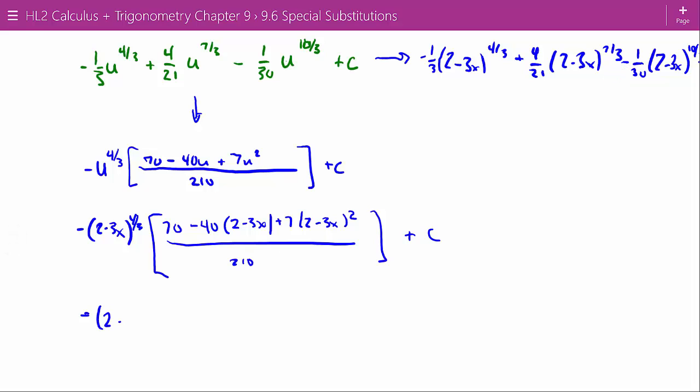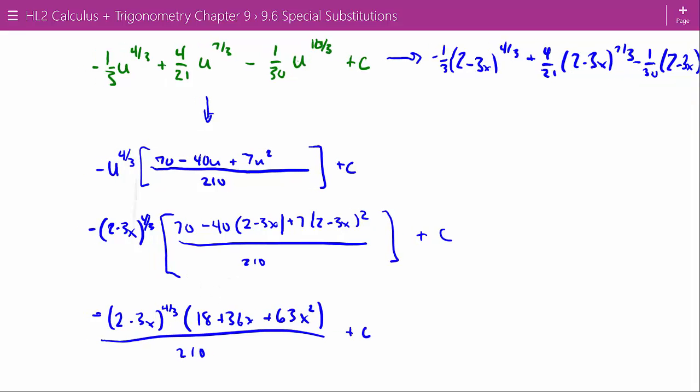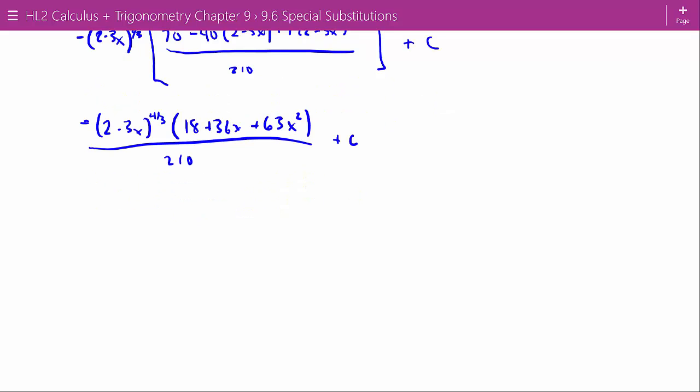We get the opposite of (2 minus 3x) to the 4/3 times (18 plus 36x plus 63x squared), and this is all over 210. And that quadratic in the parentheses has a common factor of 9 that I could take out. And 9 over 210 reduces to 3 over 70.